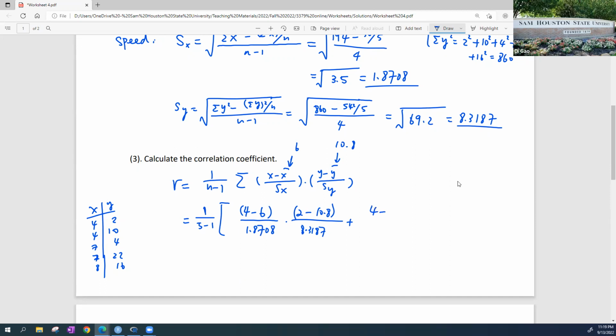So x is 4 minus x bar 6 over 1.8708. Y is 10 now, right? 10 minus 10.8 over standard deviation of y, which is 8.3187, and plus the next one, right?